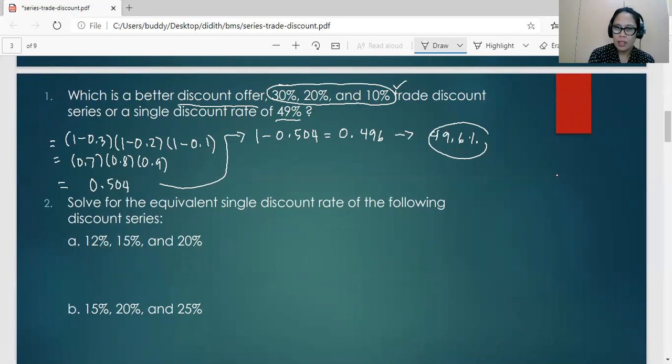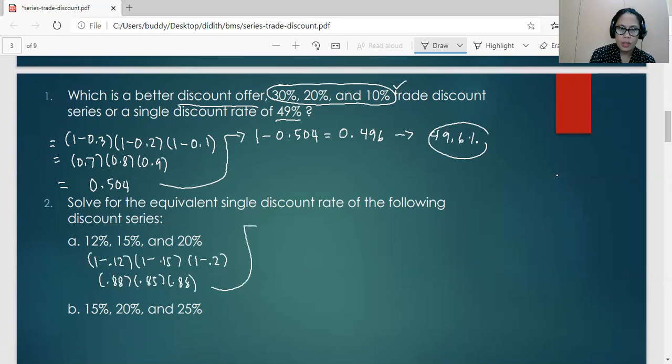So when expressed in decimals and subtracted from 1, we have 1 minus 0.12 times 1 minus 0.15 times 1 minus 0.2. So we have 0.88 times 0.85 times 0.8. And then the product has to be subtracted from 1. So that's why we have this one here.